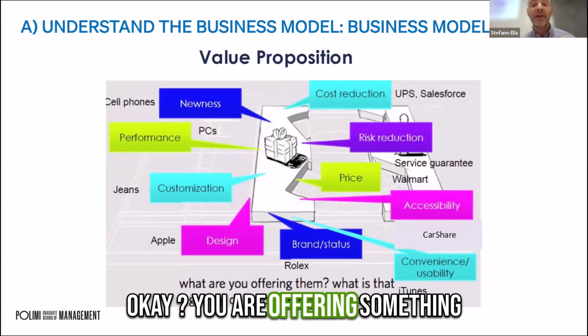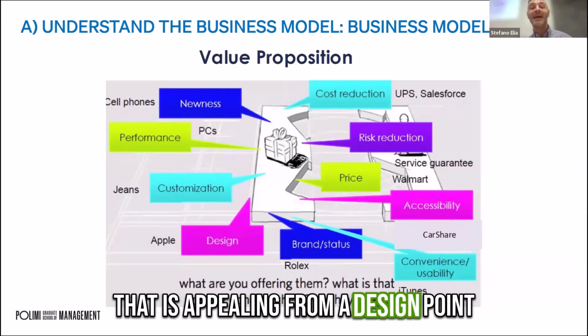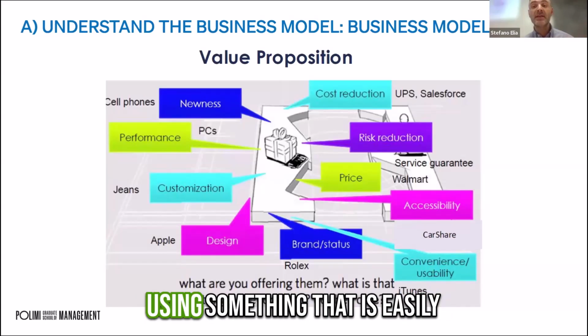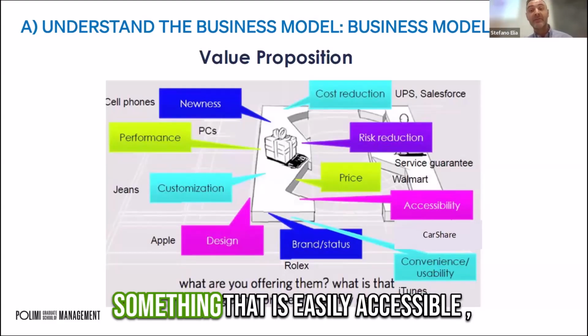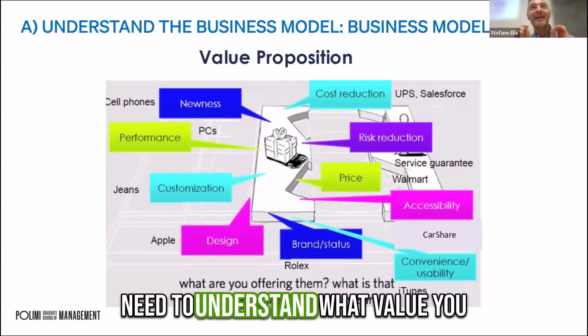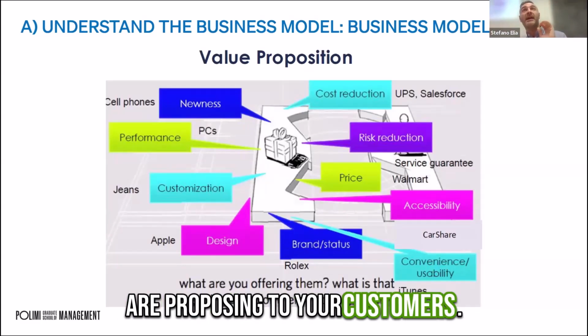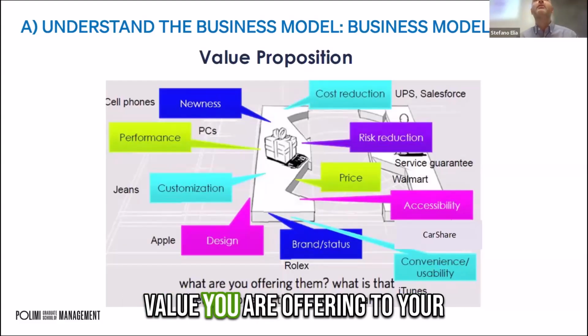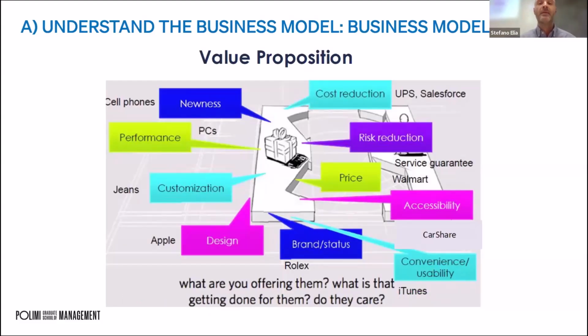Okay, you are offering something that is appealing from a design point of view, a brand, a status. You are offering something that is easily accessible, that is convenient. Okay, so you need to understand what value you are proposing to your customer. So first you identify the customer, and then you identify what type of value you are offering to your customers.